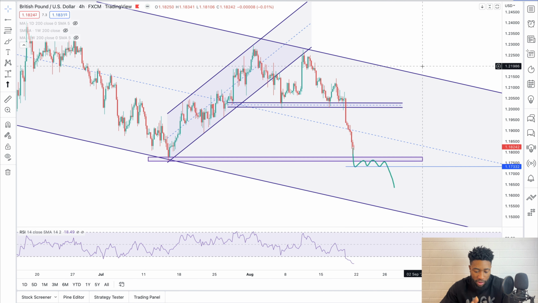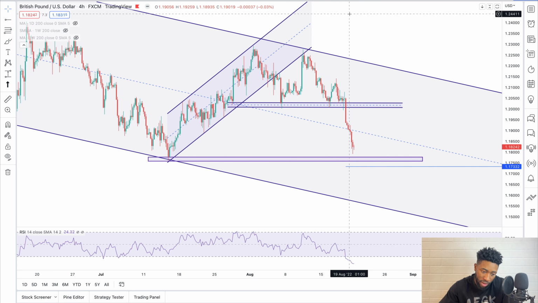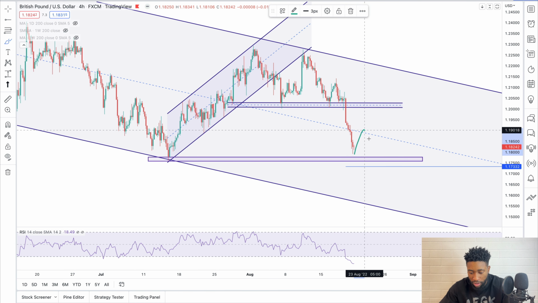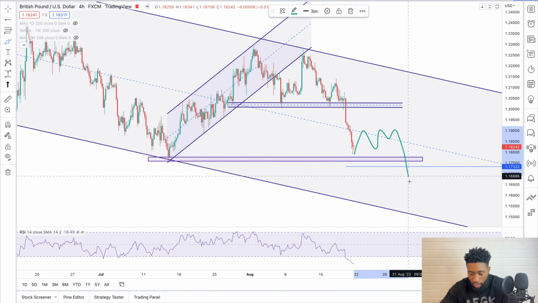Something important to also watch out for is on the RSI, on the 4-hour time frame, we are currently extremely oversold. So there's a probability that price could reverse from this level for a bit before going downwards more, if we're going to go down. We might get some sort of bullish reversal or a consolidation before we go further downward.